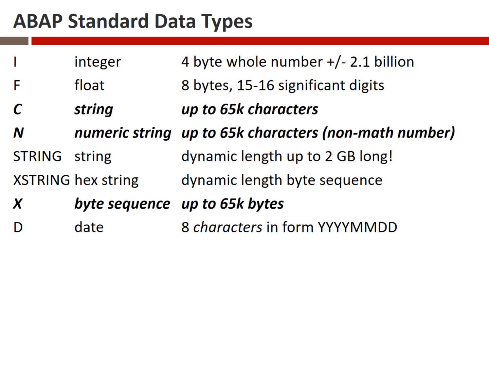D is a data type for storing dates. Now notice how the date is actually going to be stored. It's going to be stored as characters in the format YYYYMMDD, so 4-digit year, 2-digit month, 2-digit day. So for example, today would be stored as 2017-01-26.